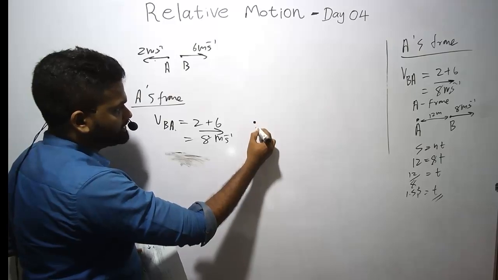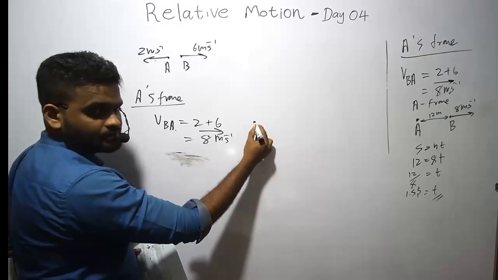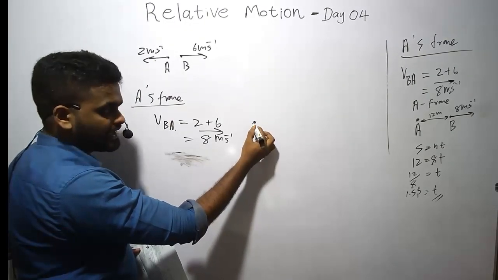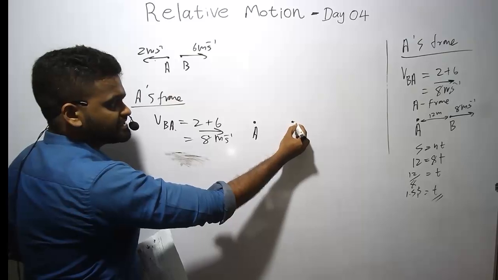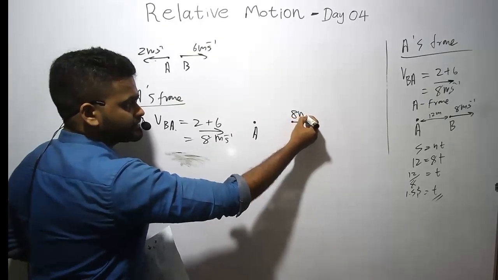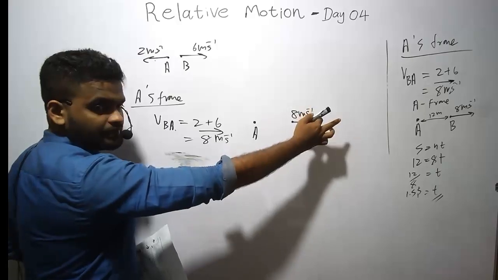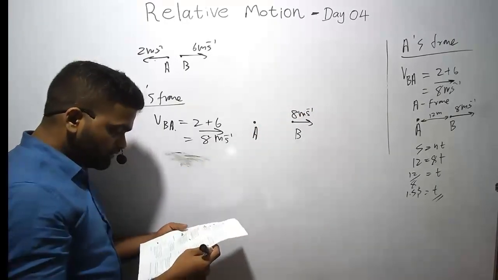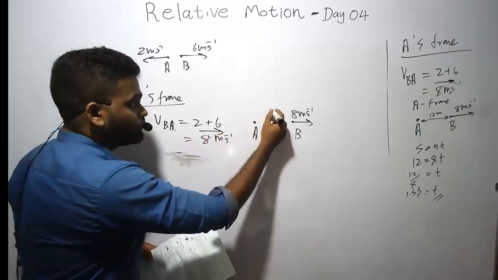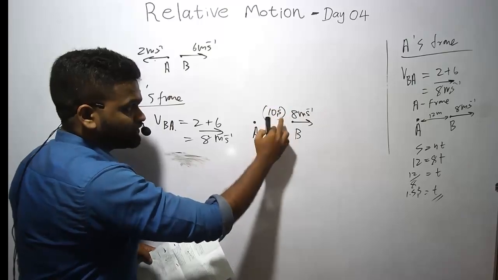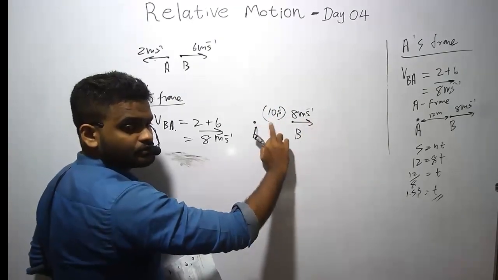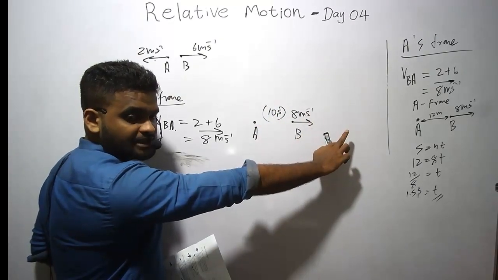Okay, now A is stopped, right? A is stopped. This is A's frame. A is stopped. B is having a velocity of 8 meters per second to this side. It's moving away. For how long? For 10 seconds. For 10 seconds, B is moving in this direction at 8 meters per second.